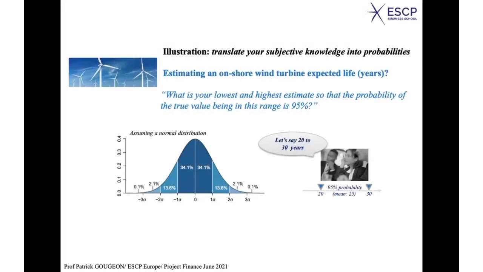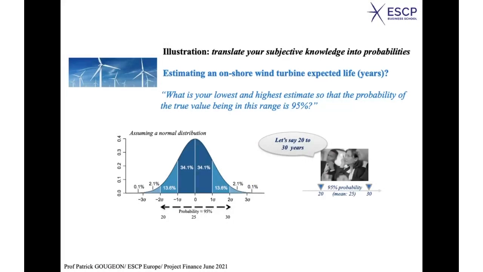If I take 95% probability for this curve, starting from the center, 0, it is between +2 standard deviations and -2 standard deviations. If you look at it, it's not exactly 95%, but it's close. If you add up 13.6 plus 34.1 plus again 34.1 plus 13.6, you get something very, very close to 95%.